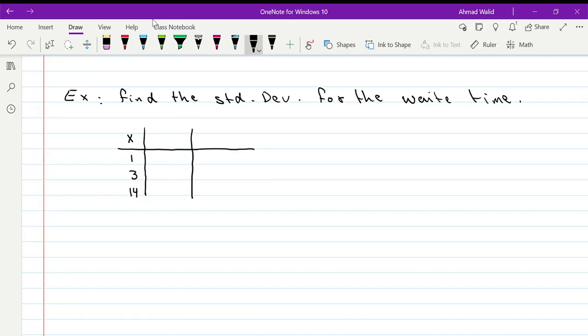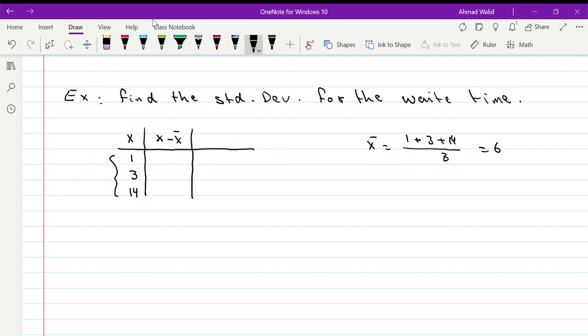First, I want to find x minus x bar. We already calculated the mean for this. If not, you can calculate the mean: x bar equals the sum of these, 1 plus 3 plus 14, divided by the number of them, which is 3, which gives you 6.